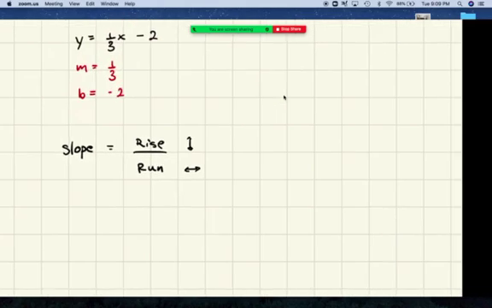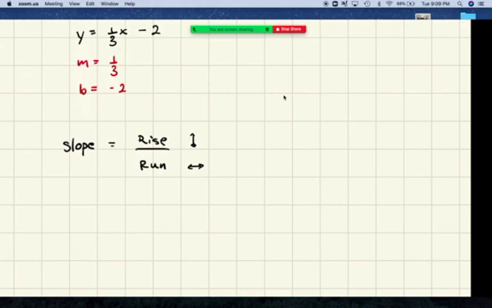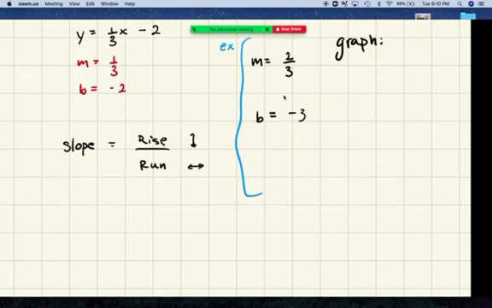So if I have a graph, I'm going to say the slope equals 2/3, and the y-intercept is -3. And then I told you to graph this. The way you could do it, shoot, move this.